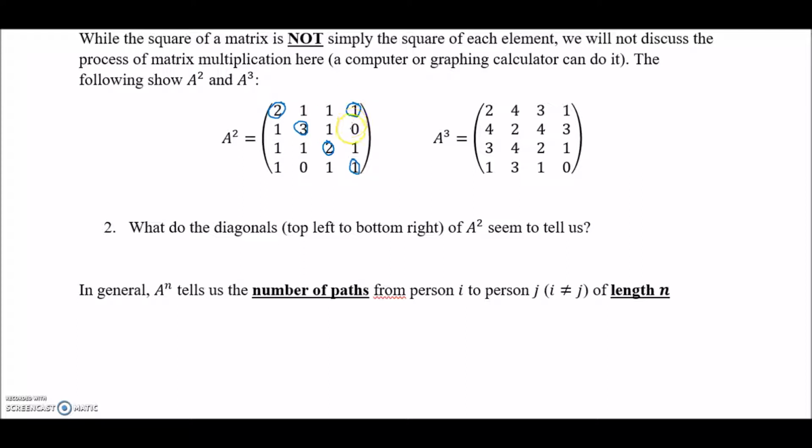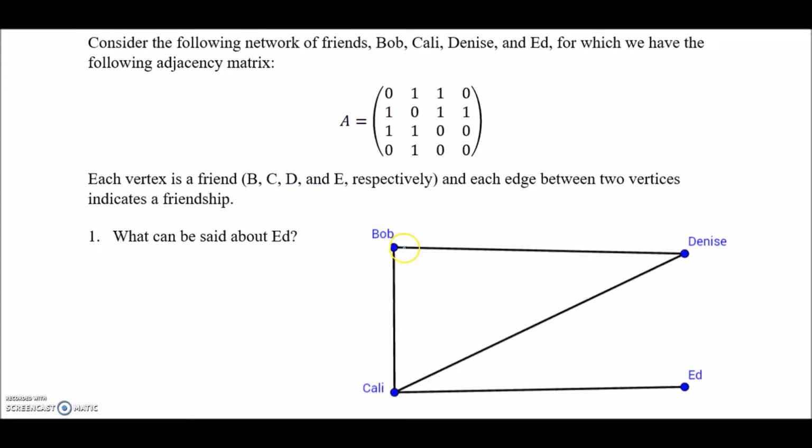We know Bob and Ed aren't friends, but if Bob is connected to Callie and Callie is connected to Ed, that's a path of length 2 to get from Bob to Ed. I can't go Bob to Denise, Denise to Callie, and Callie to Ed because that's a path of length 3 that requires a traversal of 3 edges.